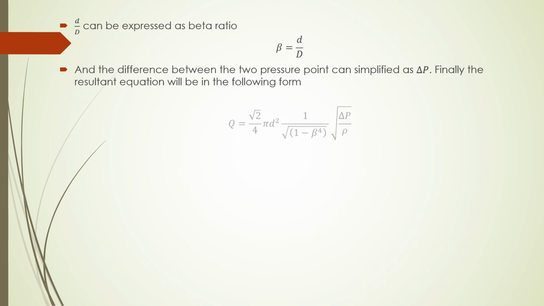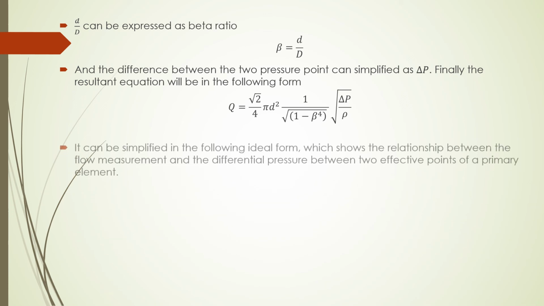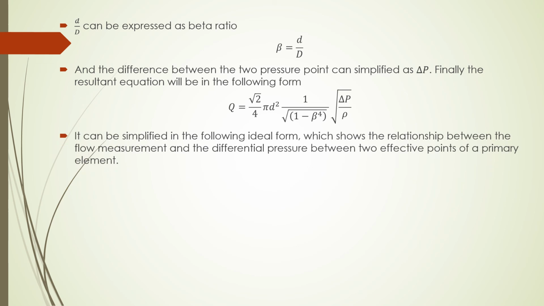Q equals square root 2 over 4 multiplied by d small squared, multiplied by 1 over square root 1 minus beta to the power 4, multiplied by square root delta P over the density. It can be simplified in the following ideal form, which shows the relation between the flow measurement and the differential pressure between two effective points of a primary element. We will discuss what is the K in the next slide.